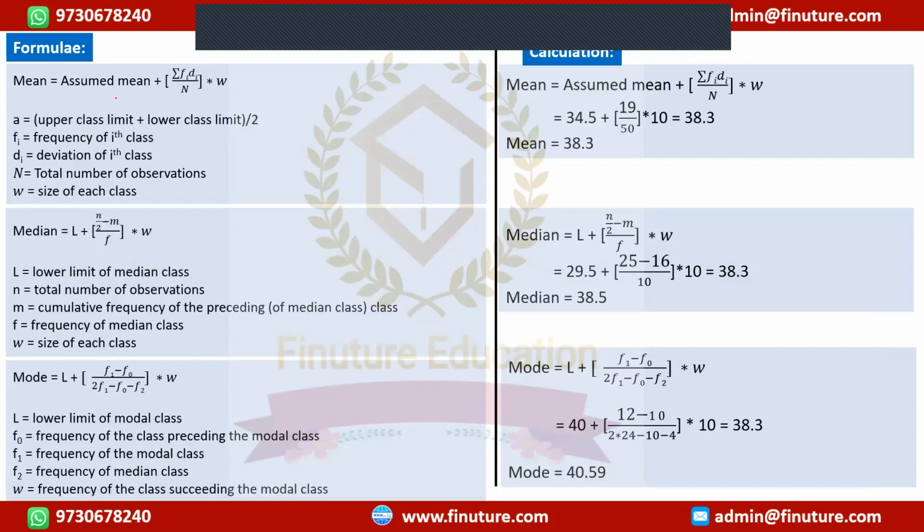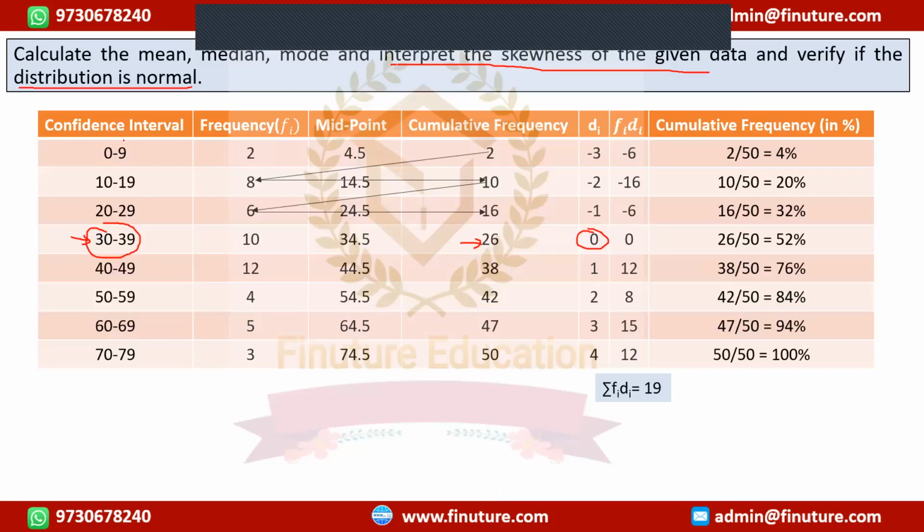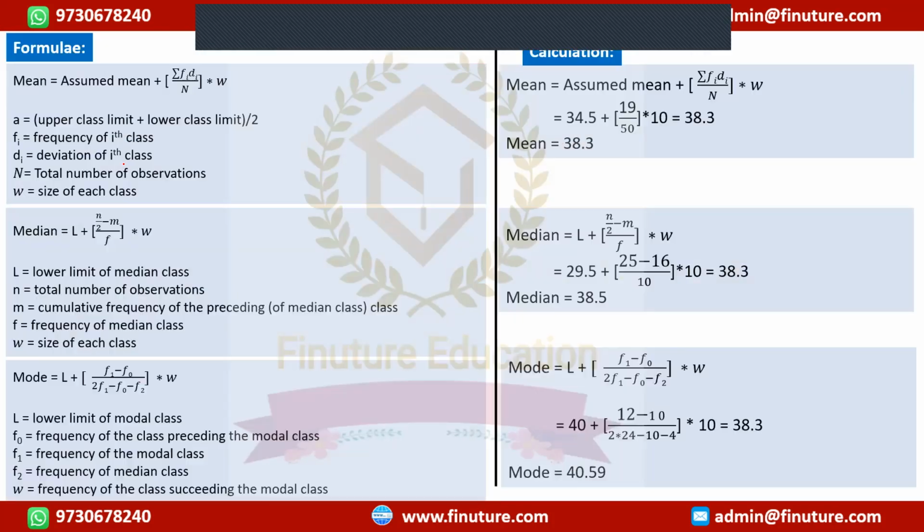That has been taken as 34.5, plus the product of frequency and deviation over total number of students. This product we calculated, it was exactly 19, and the total number of students is 50, and the width of the class interval is 10. So multiplied by 10, if you calculate, this is the mean of the data.